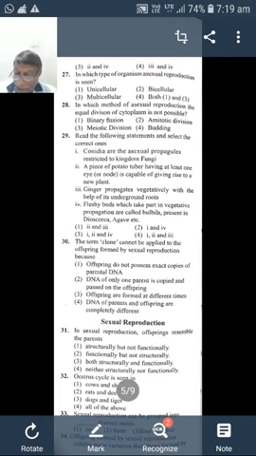Okay. In sexual reproduction, offspring resemble the parents both structurally and functionally.